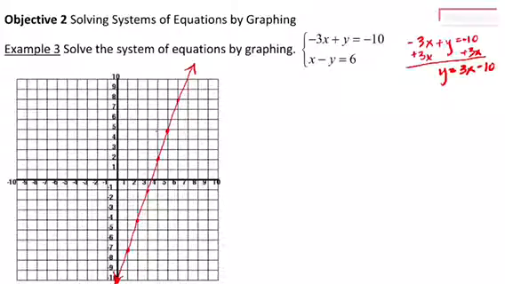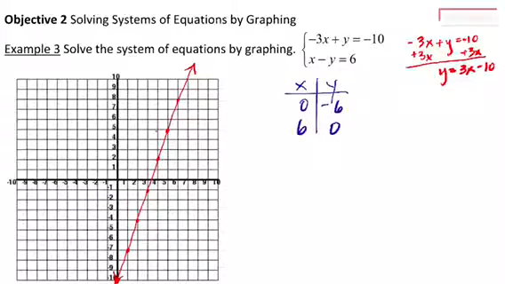And now I'm going to graph x minus y equals 6. And I'm going to use standard form. I'm going to use the x and y intercepts. If I set x equal to 0, then I have negative y equals 6, or y equals negative 6. If I set y equal to 0, I have x equals 6.